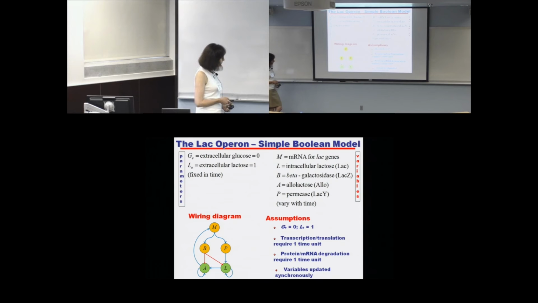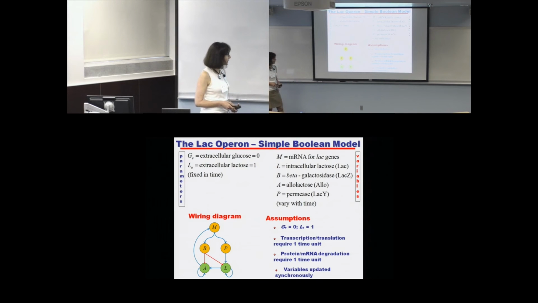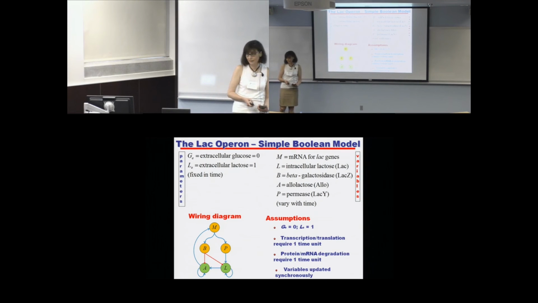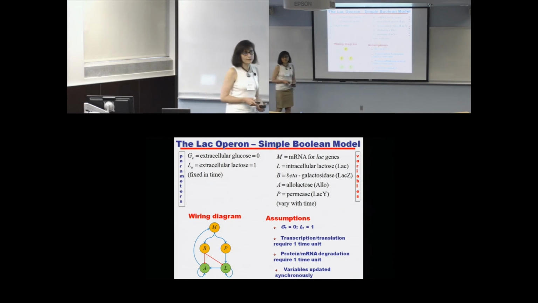And then we have to make some assumptions about the time step. Time is always a funny concept in finite dynamical systems, in Boolean models in particular, because of course the time is discrete. So you have to decide whether your time step is a second or a minute or an hour. Here we assume that transcription and translation require one step, so those processes will happen in one time step.